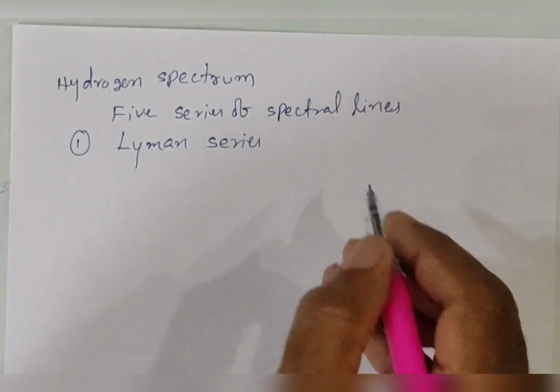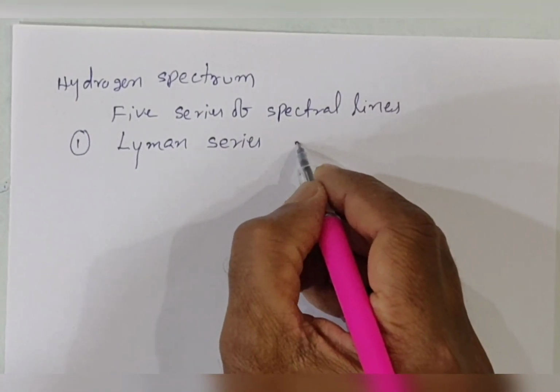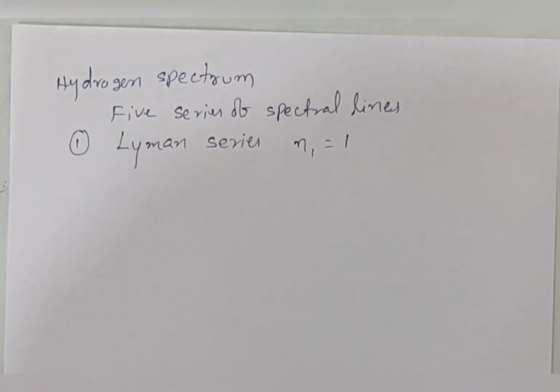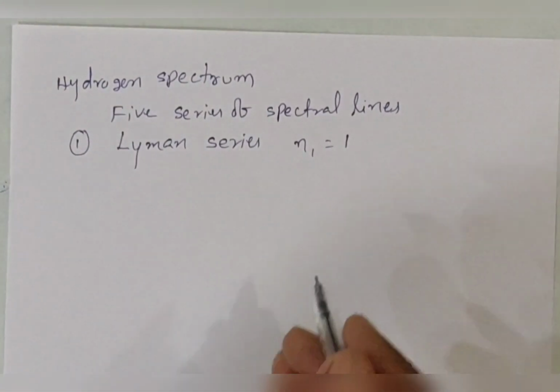In the Lyman series, N1 is equal to 1. That means the electron jumps from a higher energy level to the first energy level.